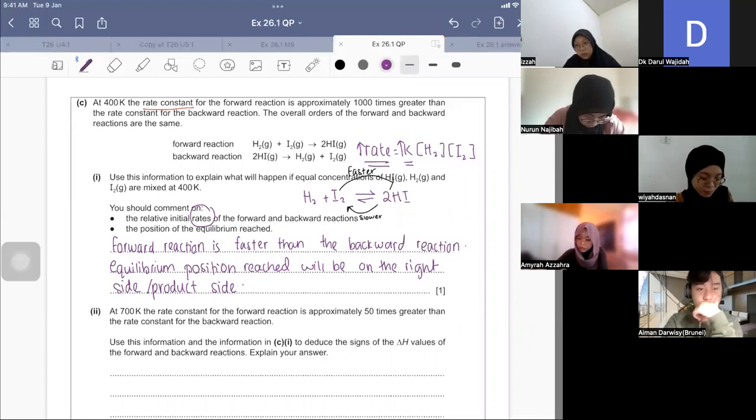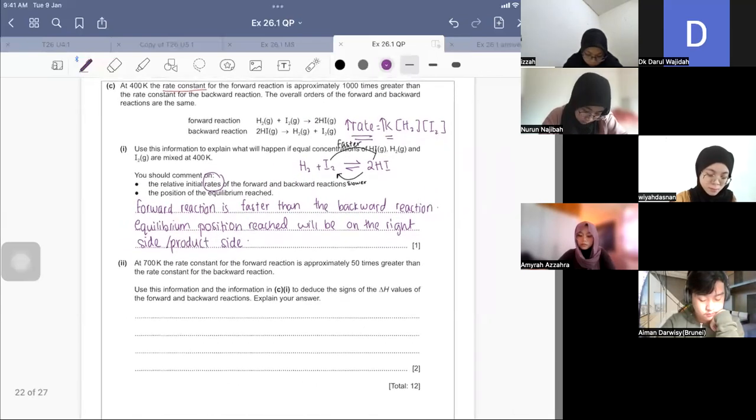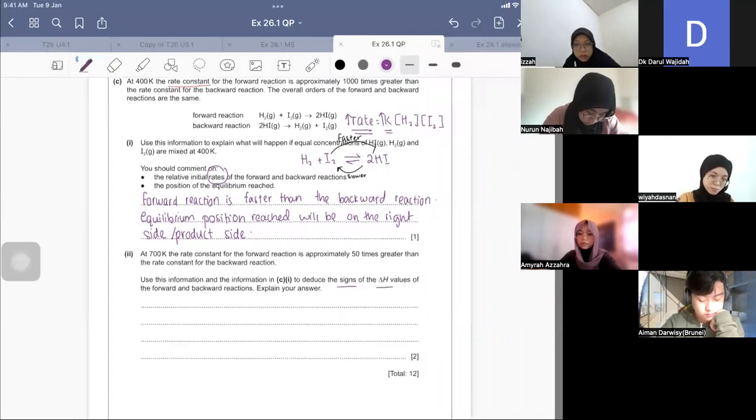Next, at 700 Kelvin, so this time we're going at a higher temperature. It's still the same system, but we're increasing the temperature. The rate constant for the forward reaction is approximately 50 times greater than the rate constant for the backward reaction. So we need to compare because we want to deduce the signs of the delta H values of the forward and backward reactions.